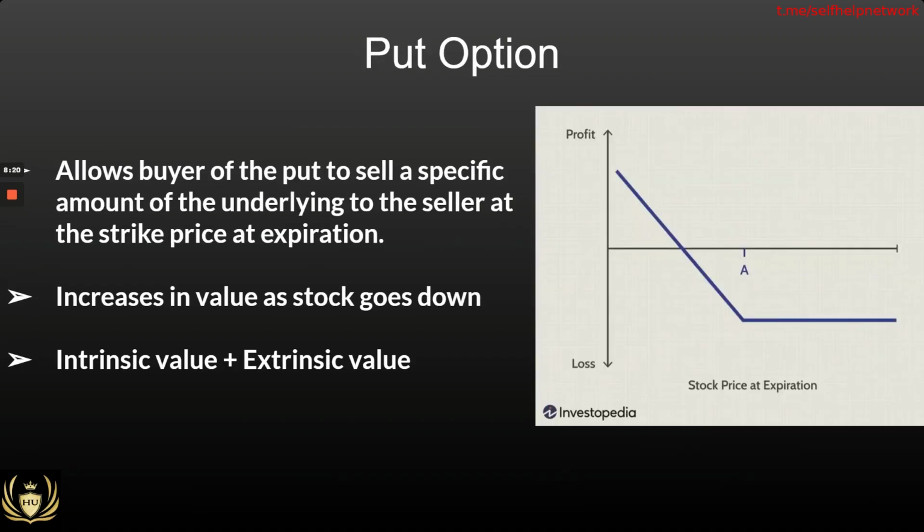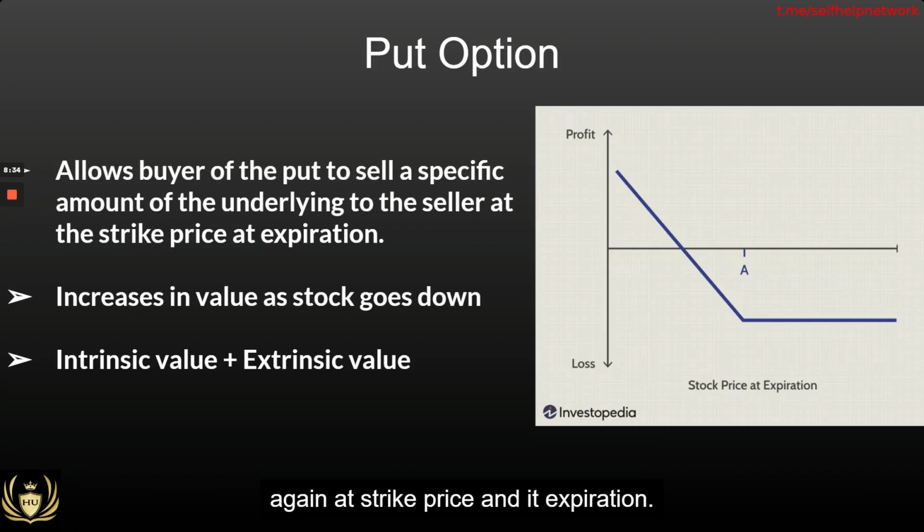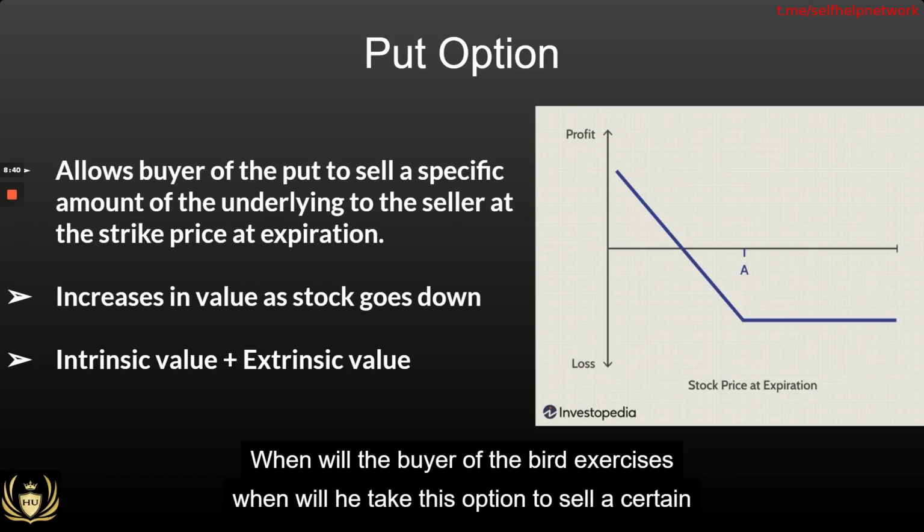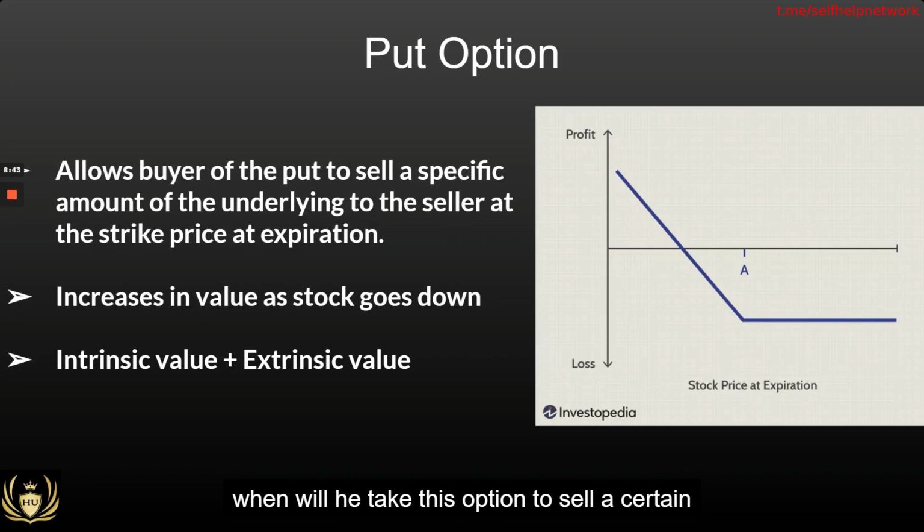What's a put option? A put option allows the buyer of the put to sell a specific amount of the stock to the seller of the put, again at the strike price and at expiration. When will the buyer of the put exercise this? When will he take this option to sell a certain amount of stock to the seller? He would take that option if the stock price was below the strike price on expiration.